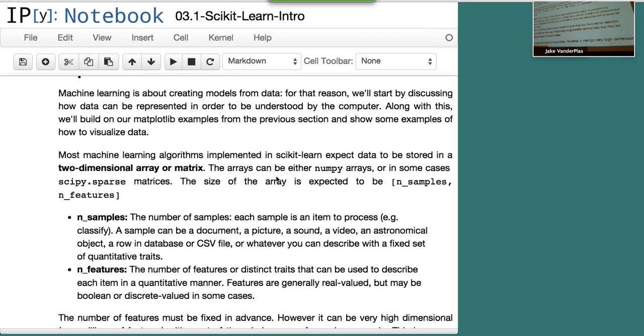You need uniform measurements for each one. You need to have the same data about each of the different objects. That can be relaxed in more advanced applications, but for basic machine learning, that's what you need.